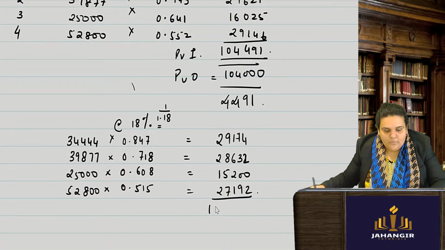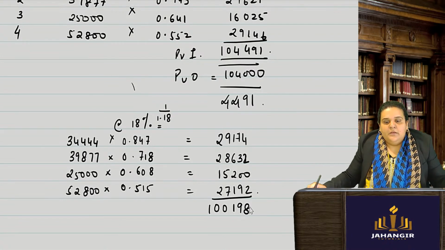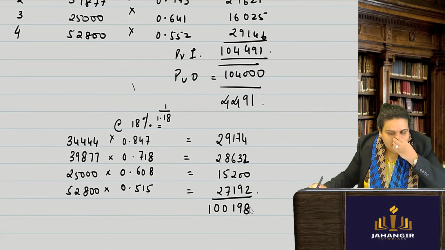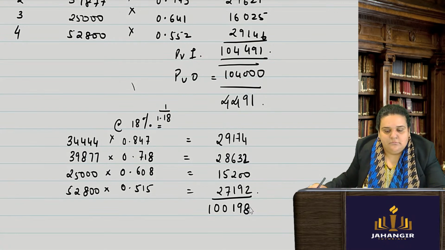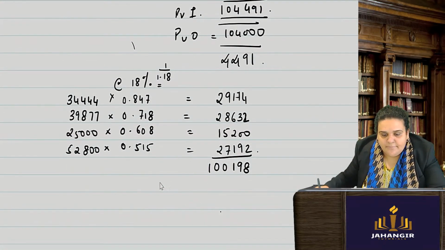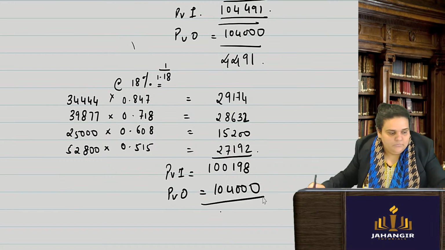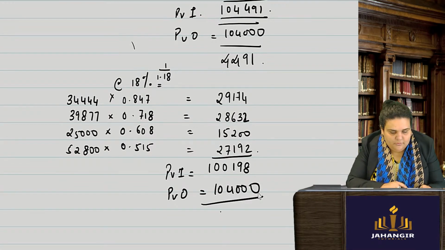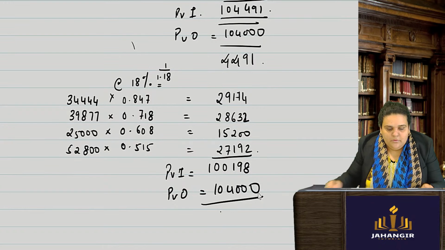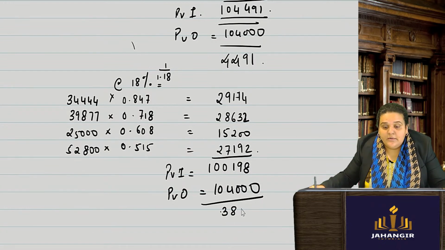It is coming to 1,00,198. So that means it is not 18%. If I subtract my PV outflow, it is coming to 3,802.